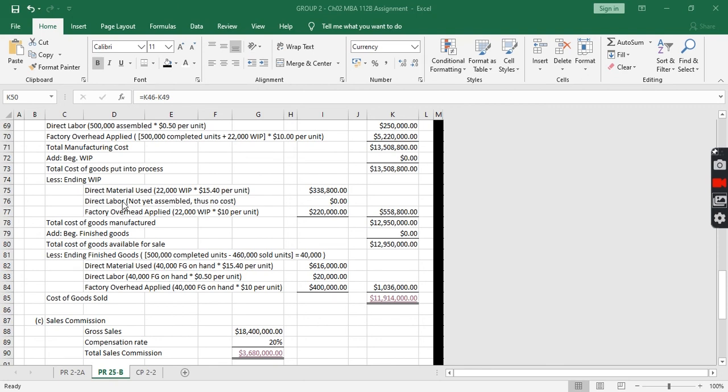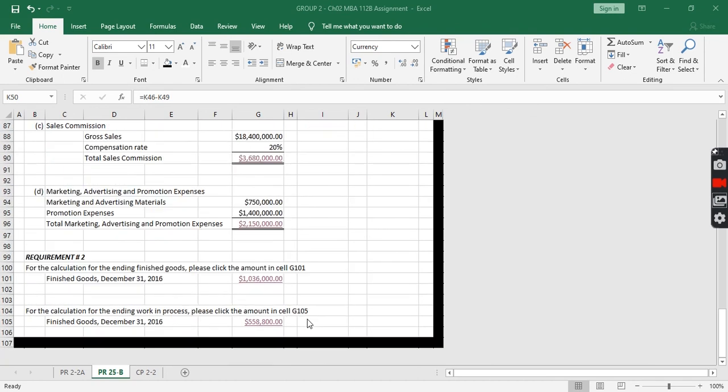And for our ending finished goods of 40,000 units, we applied everything: direct materials used, direct labor, and factory overhead applied. So with this, our ending finished goods total $1,036,000 and our ending work in process inventory amounts to 558,800. So with that, we're done with our second problem, PR2-5.